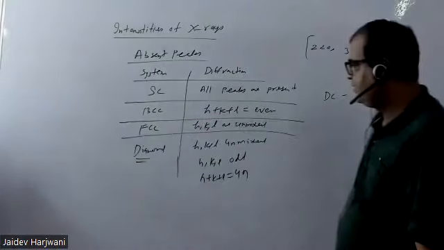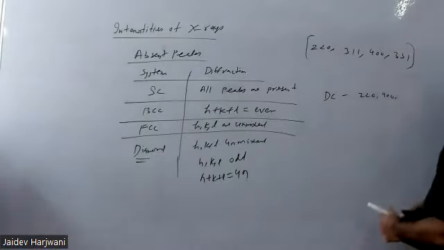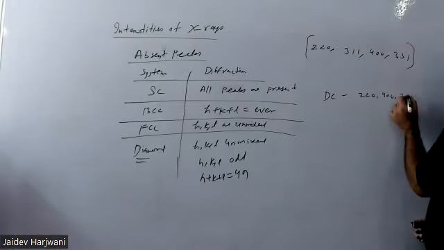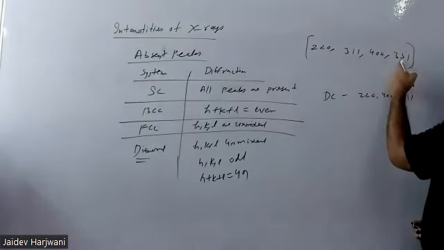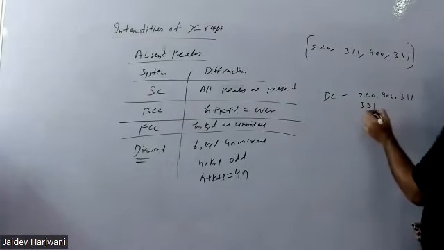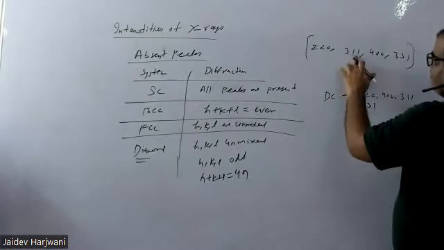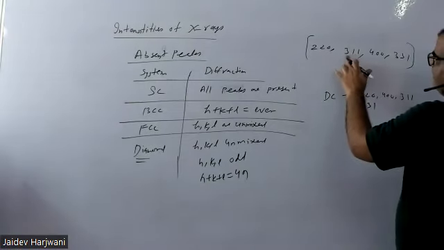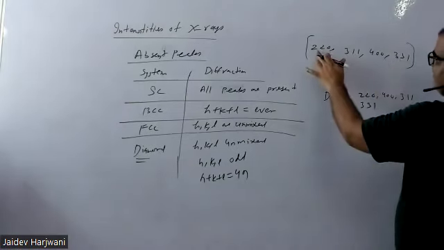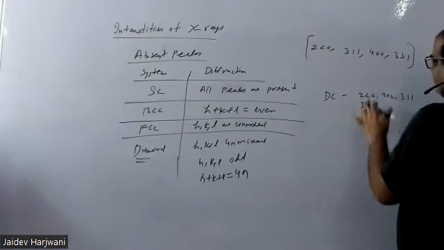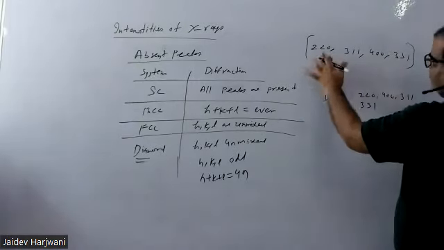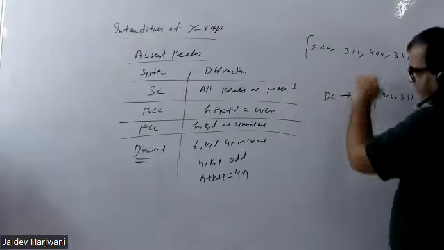Why not for diamond? Oh, diamond is also present because this is odd. And for diamond you should have either all odd, or if even, divisible by 4. So this is divisible by 4. So all the 4 reflections are present in diamond.